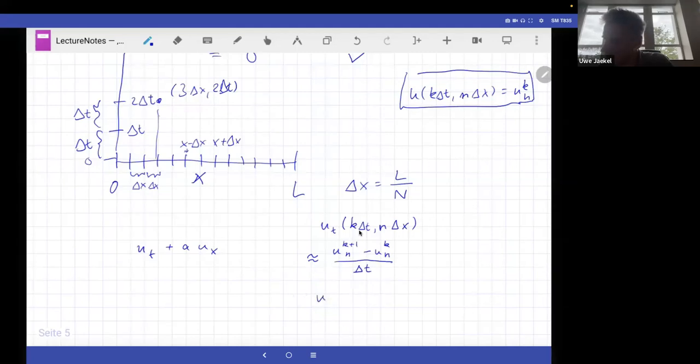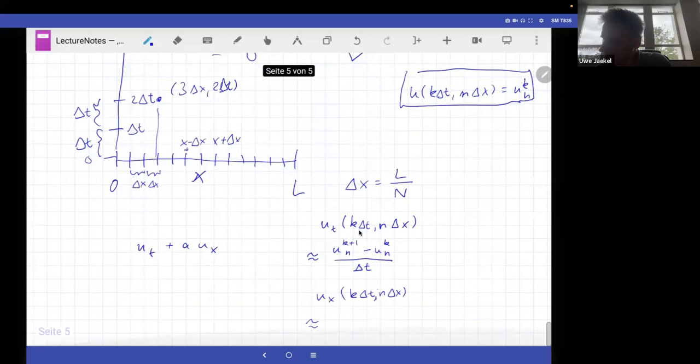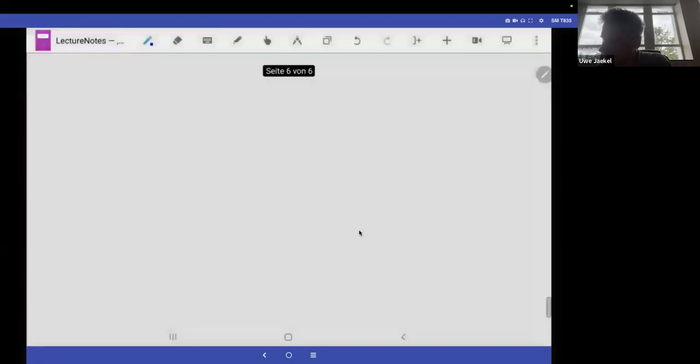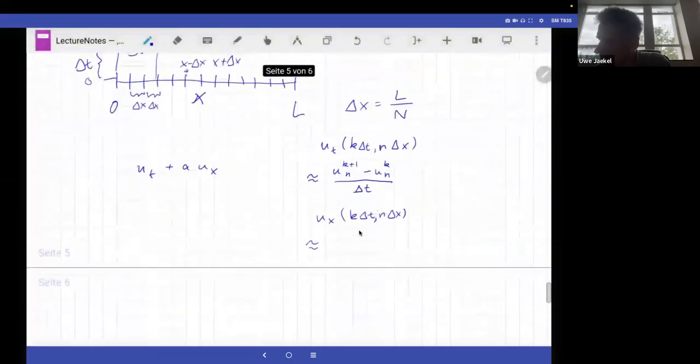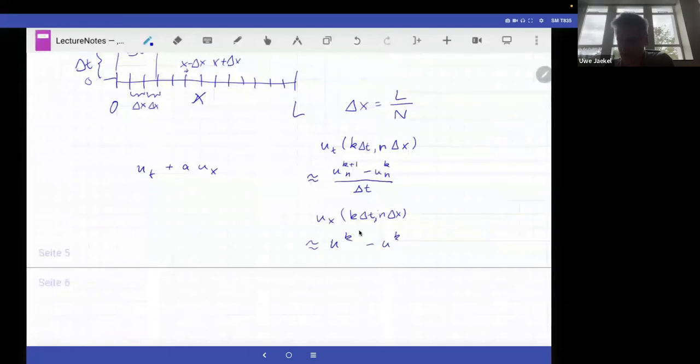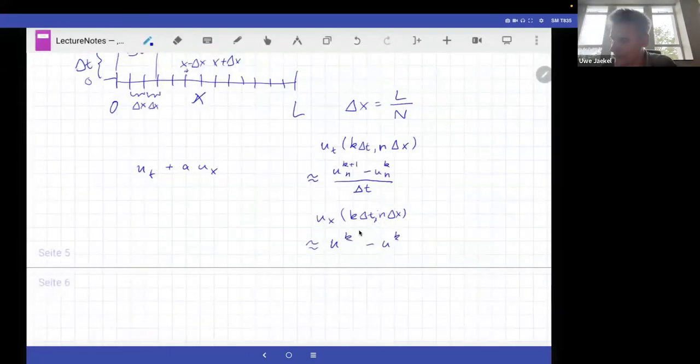The same with ux at k delta t and delta x: you approximate this as u_n^k minus u_(n-1)^k. So you keep time fixed, but you vary now the spatial position.